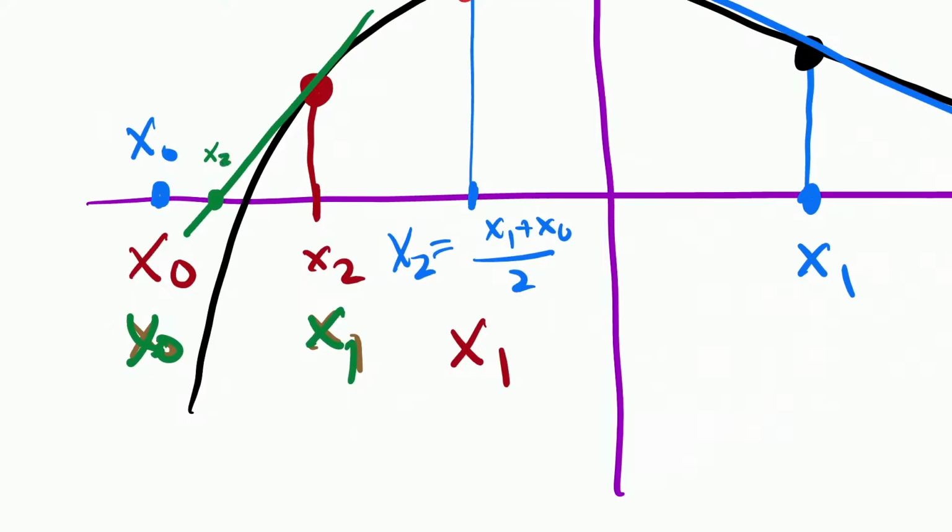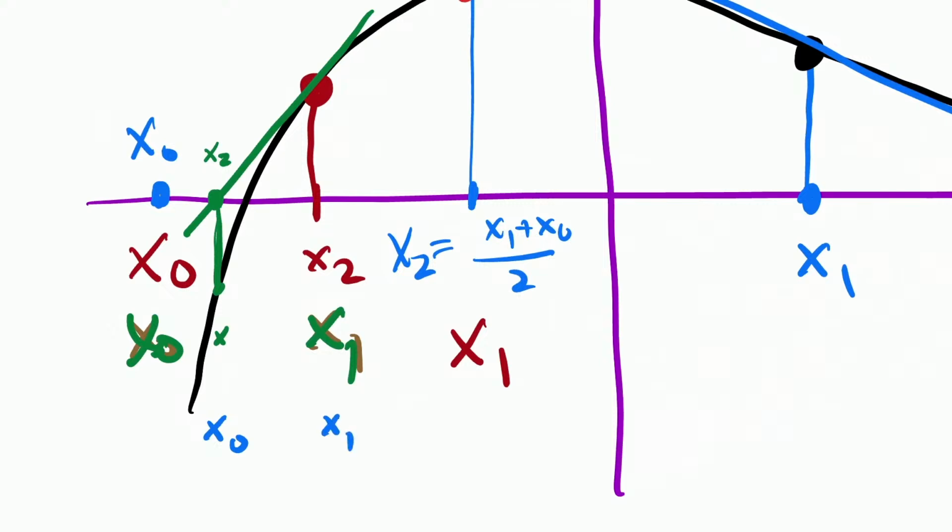That's x2. And notice that x2 is on the same side of the x-axis as x0 is. So my new bracketing will be, let's see, change colors yet again. This will be the new x0. This will be the new x1.